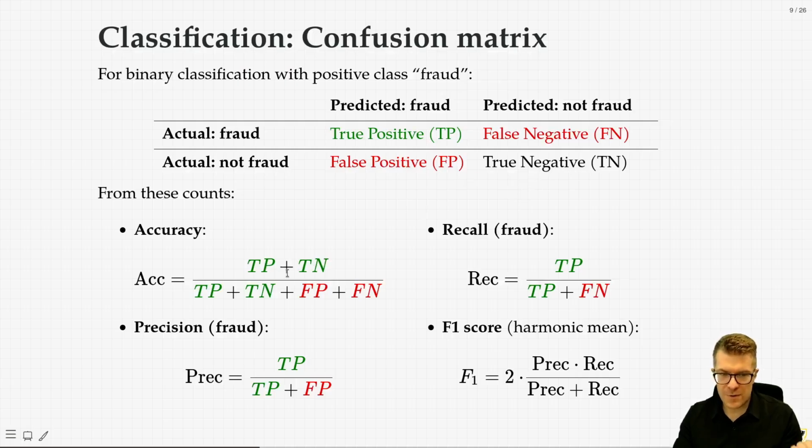So it's the true positives plus the true negatives, divided by the true positives plus the true negatives plus the false positives plus the false negatives. Every instance will have to be one of these four, at least for binary classifications like this one, where the predictions are fraud and not fraud.